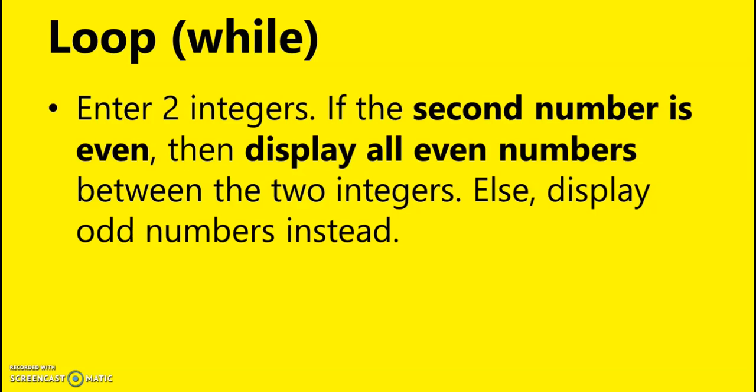Can you understand the question? Write a program that accepts two numbers, two integers. Use the previous examples of the cin and cout, and then store the value as the number for you to use the while loop. Place it where you think it's necessary to get you the right answer.